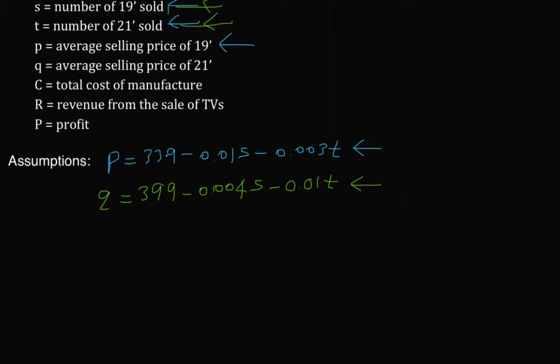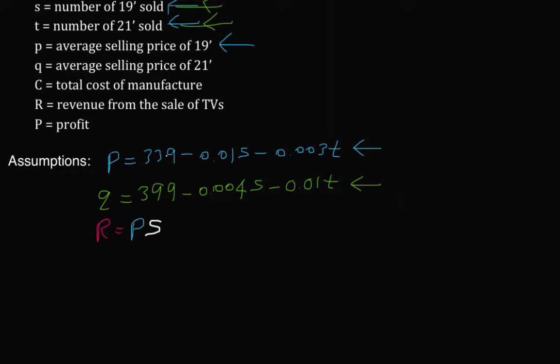Then go to the revenue or income. What is the income? Income should be selling price multiplied by the number of TV sets sold, right? In both cases, in 19 and 21. Therefore, first think about the 19 inches TV. So it is P, multiplied by how many TVs we have? S, number of 19 inches.